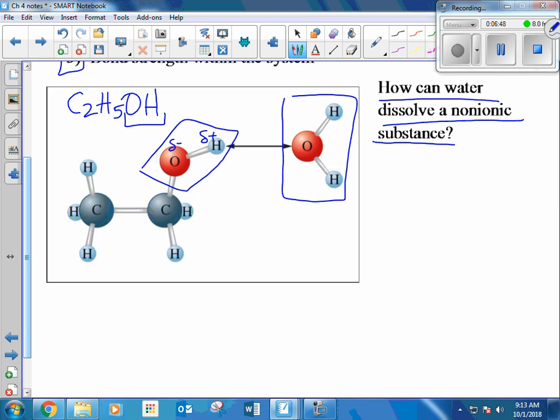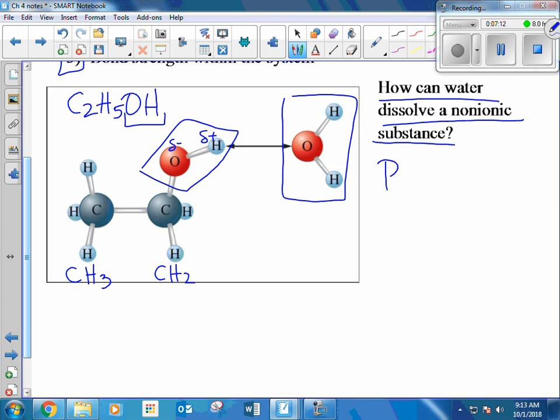Now, if we look at the other end of the molecule, the CH3 here and the CH2, there is no difference in charge. It's perfectly balanced, so there isn't an affiliation there for water. But water is going to dissolve something that is non-ionic because it has the alcohol, or the OH, functional group. Soap is another example of this.